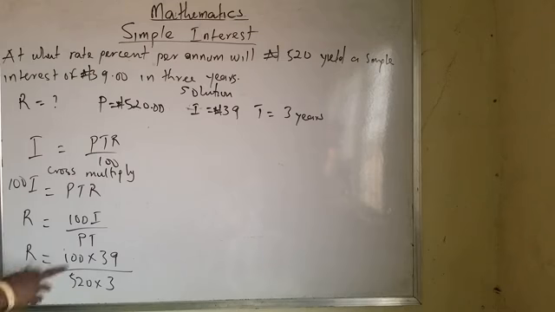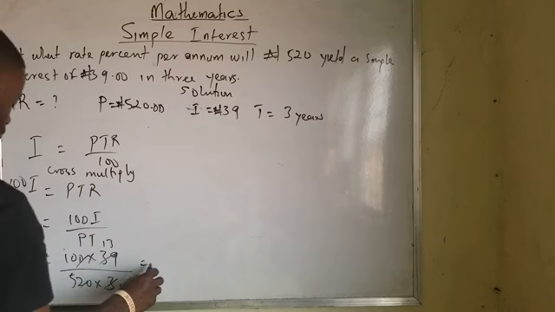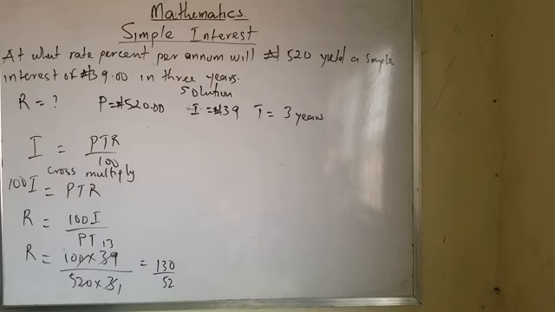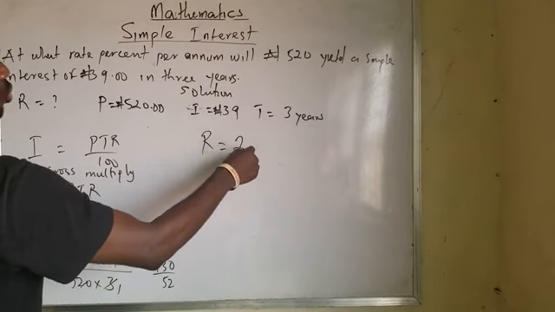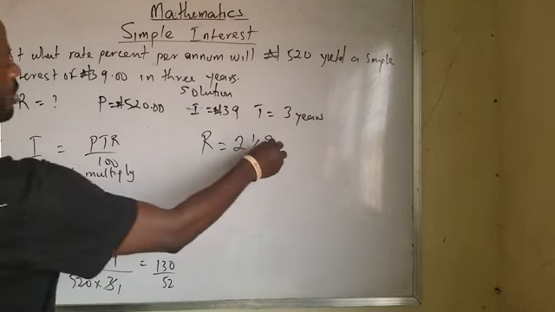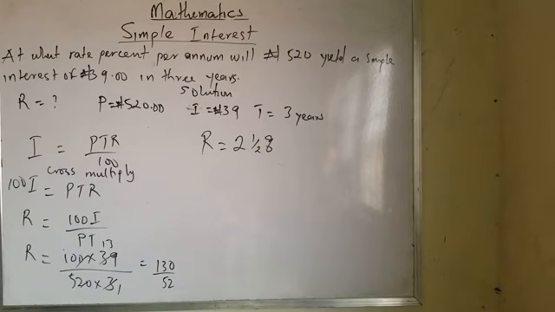We can see that 3, 3, 1 and 13, 13 cancels this, and that will cancel that. I'll be having 130 divided by 52, which is 2 whole number. It means my rate equals 2 and 1 over 2 percent.